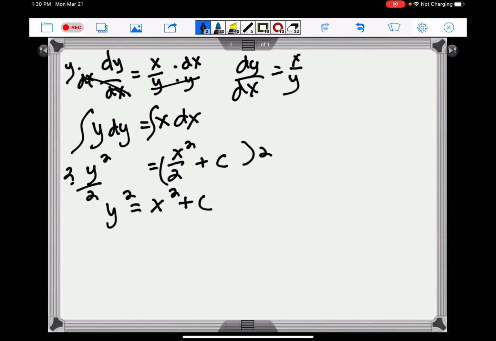Okay, there's two little things that might have gotten you on this one. Y equals plus or minus. Did anybody do it? Yeah, Daniel? You saw me write it. The plus c is not just on the end. Here's the difference between when I times it by 2 and the square root.